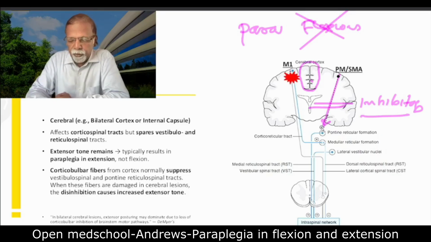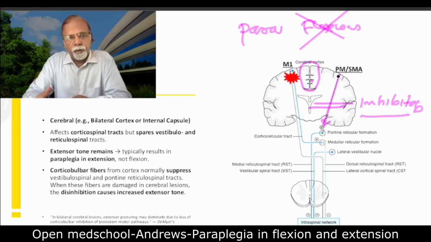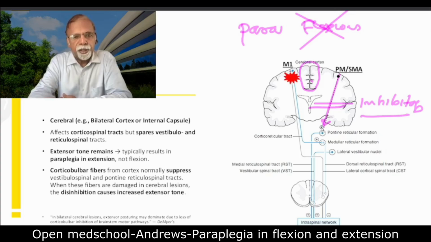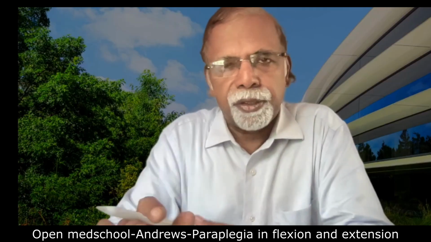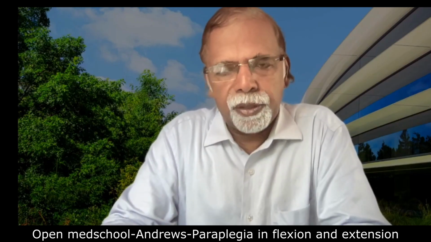The inhibition on the pontine reticular formation is lost. The pontine reticular formation is concerned with the maintenance of extensor tone. So there is a disinhibition. This leads to an increase in the tone in the extensors in the lower limbs. That is the reason why paraplegia in flexion rules out a cortical lesion. Hope it is clear to you.